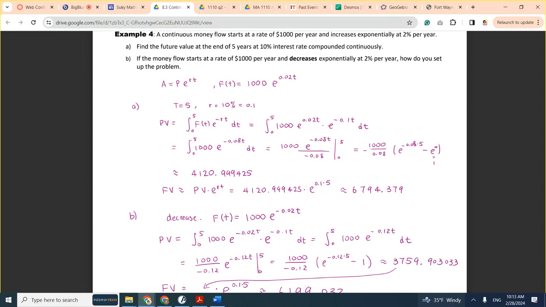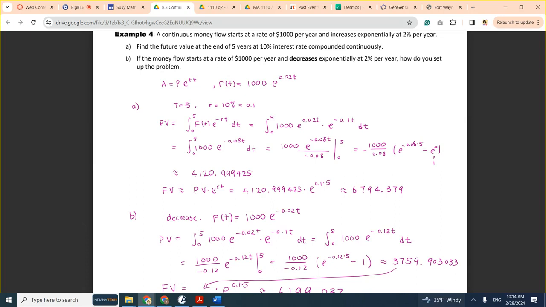So then f is 1,000 e to the negative 0.02t. Is that okay, everybody? So the process is similar to what we did before, but now instead of positive 0.02t, it becomes negative 0.02t. So therefore here it was negative 0.08t, but now negative 0.02t and minus 0.1t becomes negative 0.12t.